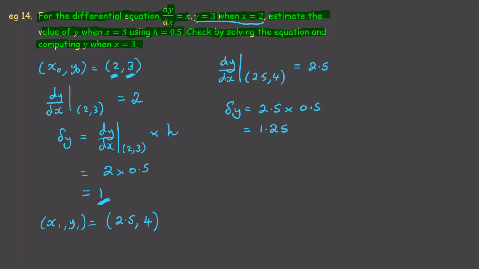And that gives us the x2, y2, and that will be (3, 5.25). So that's given us our answer: when x is 3, y is 5.25. And that's our estimate using Euler's method.